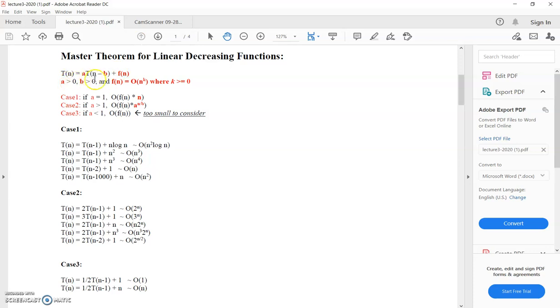If a and b are greater than 0, and f(n) is big O of n to the power k, where k is greater than 0, there are 3 cases based on the value of a. If a is 1, then the time is going to be big O of f(n) times n. If a is greater than 1, it's going to be f(n) times a to the power n by b. And if a is less than 1, then a to the power n by b is going to be a really small value, so we are just going to ignore it.